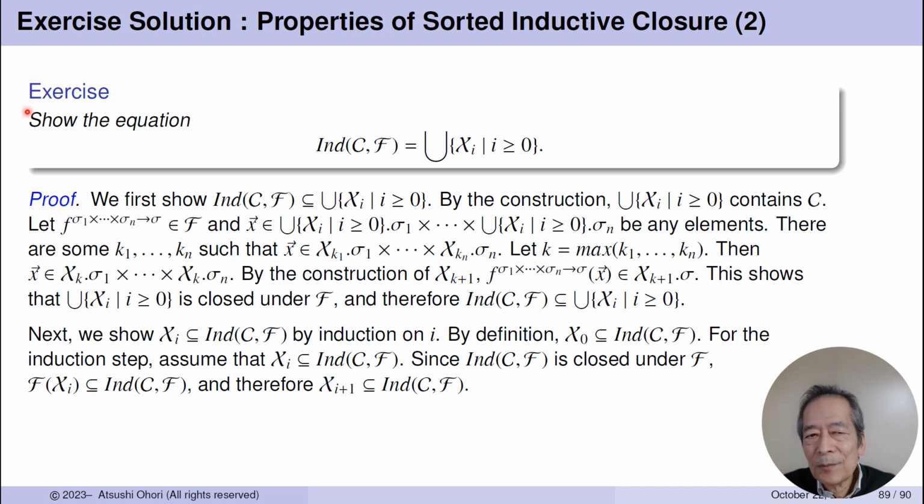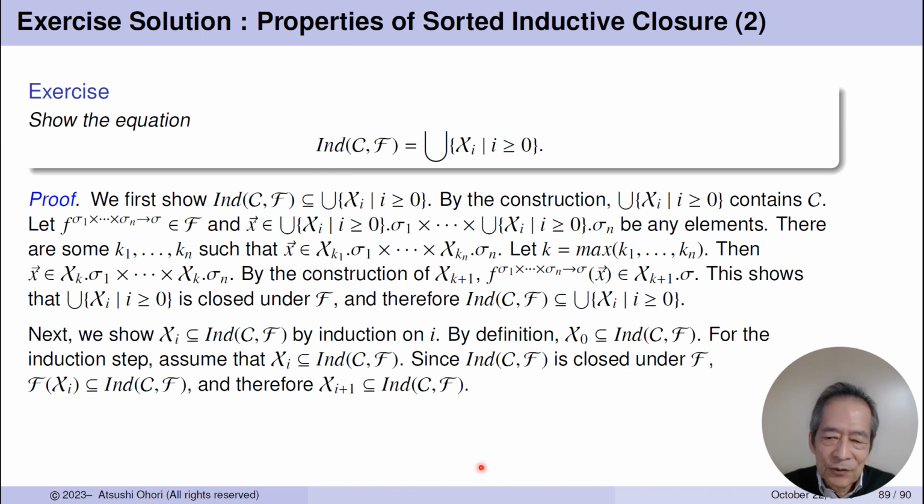I also gave an exercise that asks you to show this equation. This is a generalization, the same equation, but C, F, and X are generalized to sorted sets. So, right? Again, this proof is mechanically transformed from the proof of the standard definition of inductive closure, right?